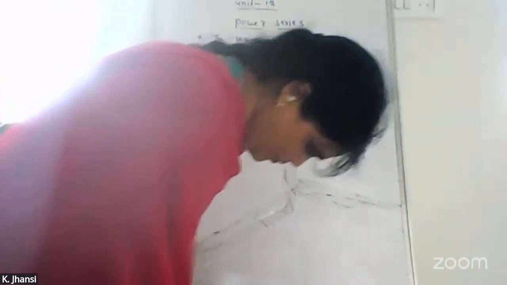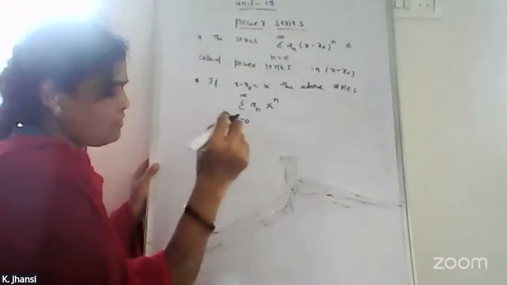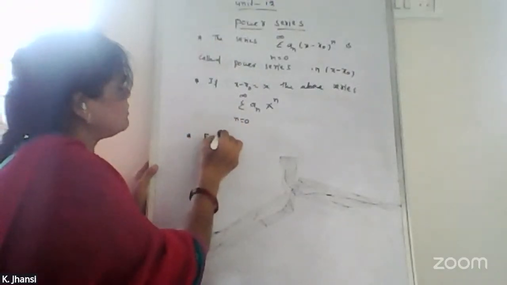So we will see one more definition you have in this. It is the radius of convergence and interval of convergence. We have two concepts in this. So interval of convergence means first we will see what is radius of convergence.